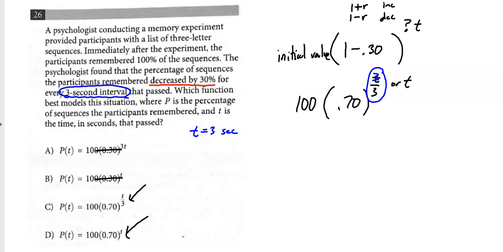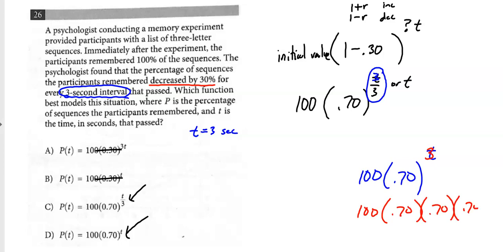If I were to choose the other one, this would be like the next best wrong answer. But if you put a 3 in here, that means you're actually going to decrease 30% 3 times. That would be starting with 100 and then doing this. And that's not really what's happening. We didn't decrease 3 times. We only decreased 1 time in 3 seconds. So correct answer here is going to be C. It's a little bit tougher though.